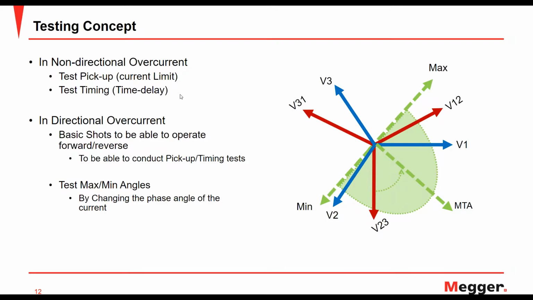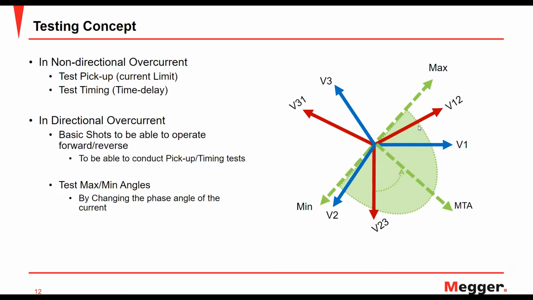But if I want to test this actual region or this actual blinder, I need to test these minimum and maximum angles. And in order to test that, I need a test equipment that can change the phase angle of my currents or voltages. Clearly, you can use both.